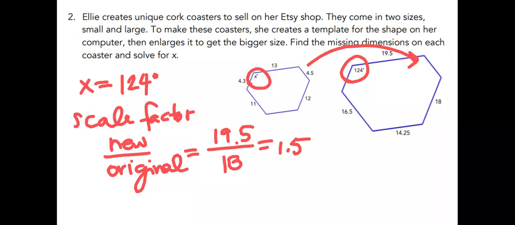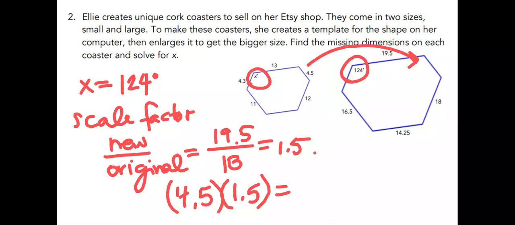No, that's taking too long. So 4.5 times 1.5 equals, what was it again? 6.75. So that's what this guy is over here.